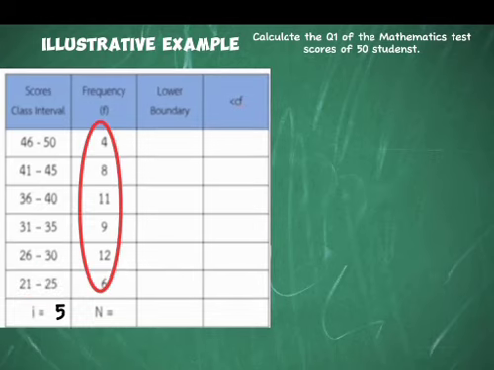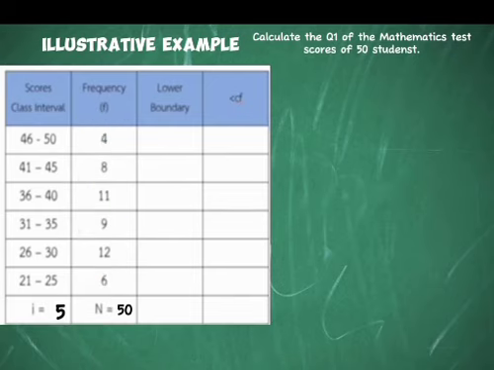After that, we will get the total number of frequency. To get the total, we will add all the numbers in the column of frequency. Adding these numbers gives us 50. So n is equal to 50. After that, we will compute the value of the lower boundary or LB. To compute our lower boundary, we will simply subtract 0.5 from the lower limit.